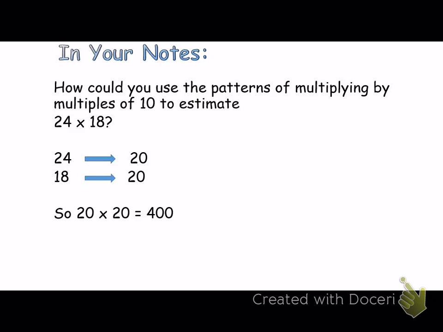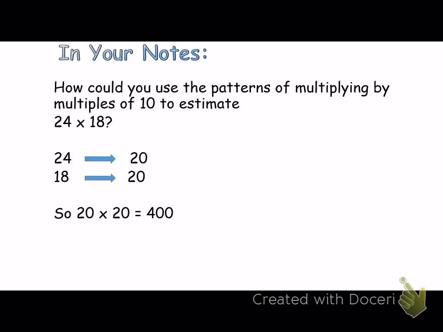Again, in your notes, we're going to be focusing on how you can use estimation to check your answers. How could you use the patterns of multiplying by multiples of 10 to estimate 24 times 18? First of all, I'm going to start by writing down my problem, 24 times 18. I'm going to be using my skills in estimating to round these numbers to a number that is easier to work with.